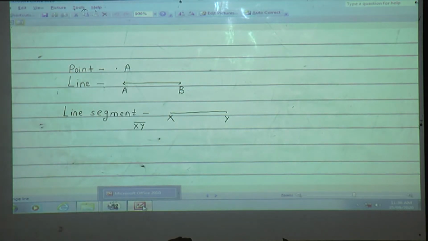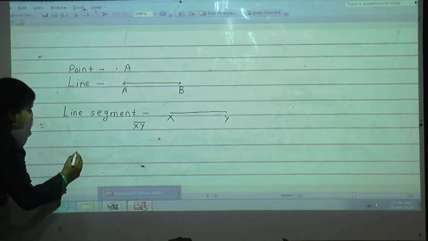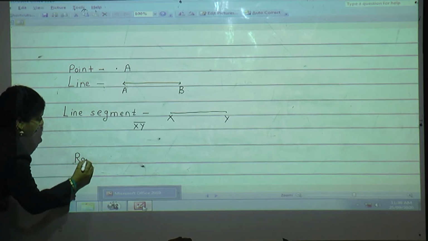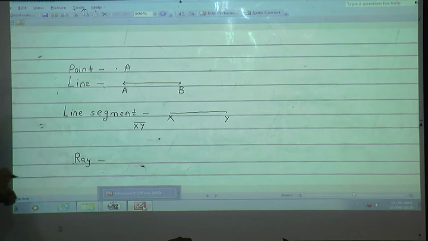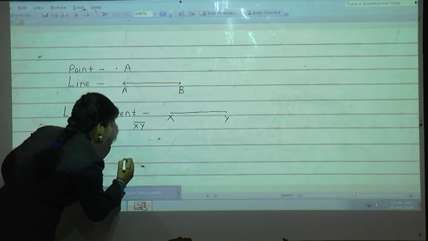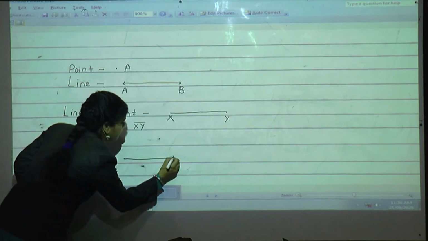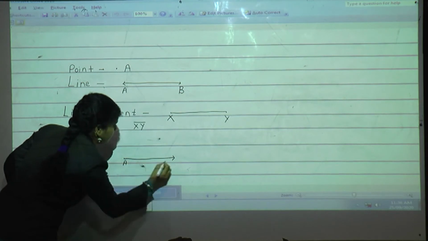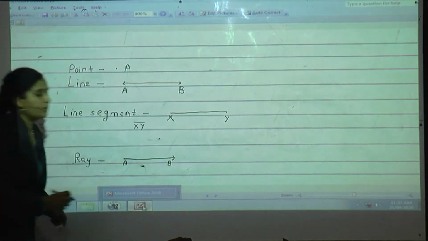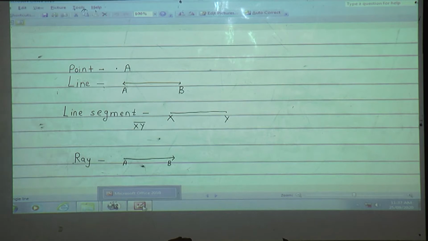Then the next point is a ray. So students, I am going to draw a ray. See, ray AB. This is a ray.